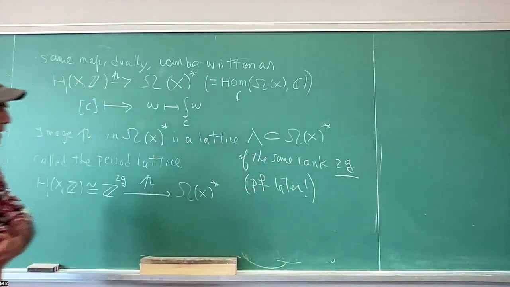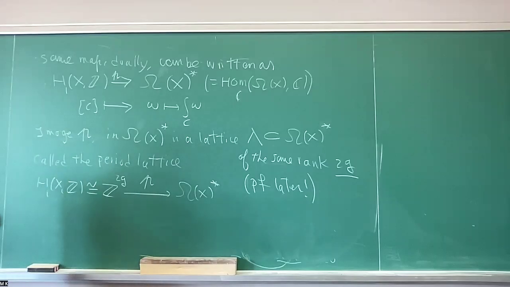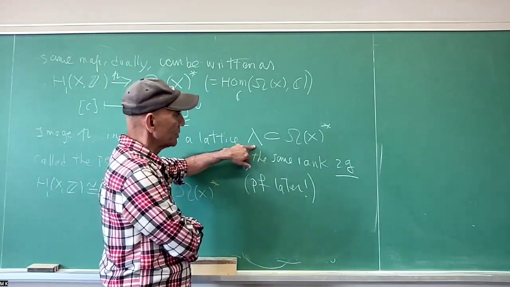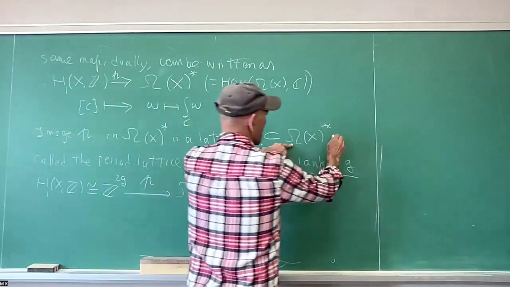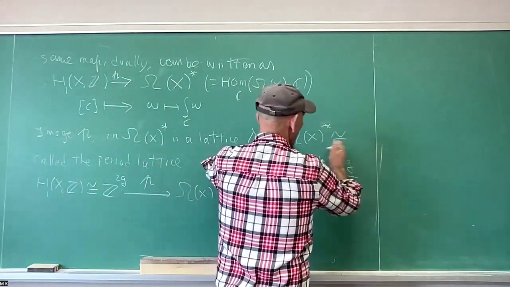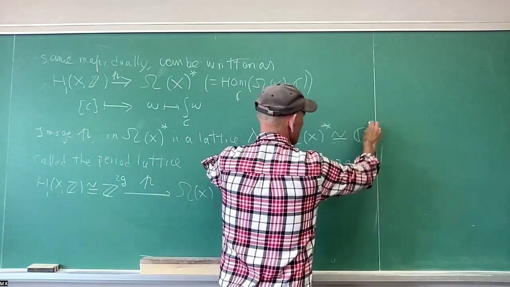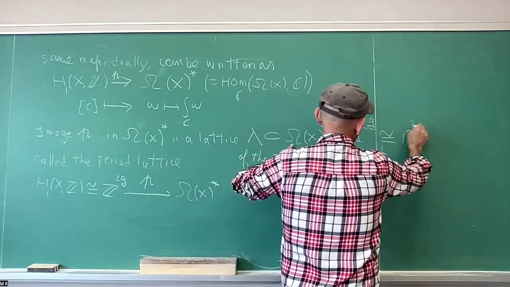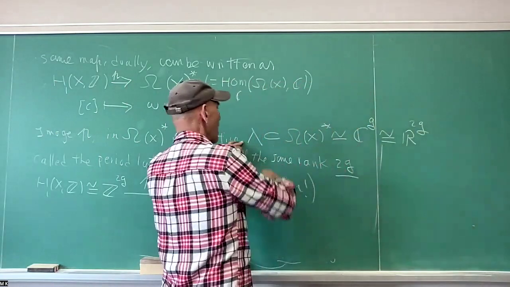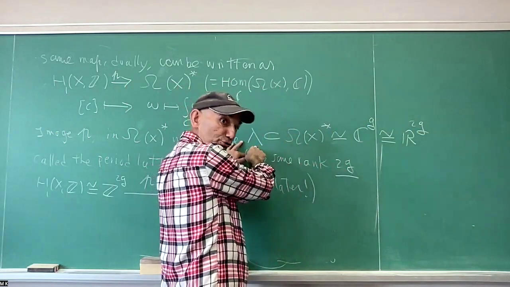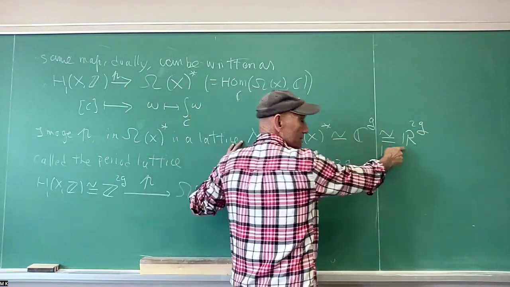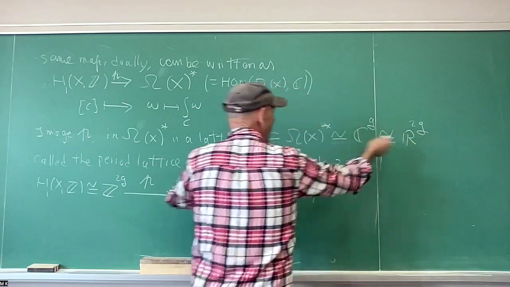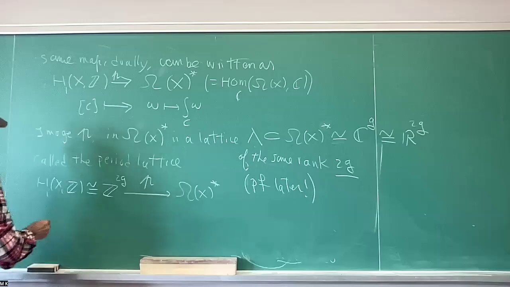Okay, so if you accept that, then we have a lattice lambda of rank 2g in this complex vector space, which is, by the way, isomorphic, but not in a canonical way, to C to the g, which is R to the 2g. So you have a lattice of rank 2g in this real space of dimension 2g. And you take the quotient, and this quotient is the Jacobian of X.